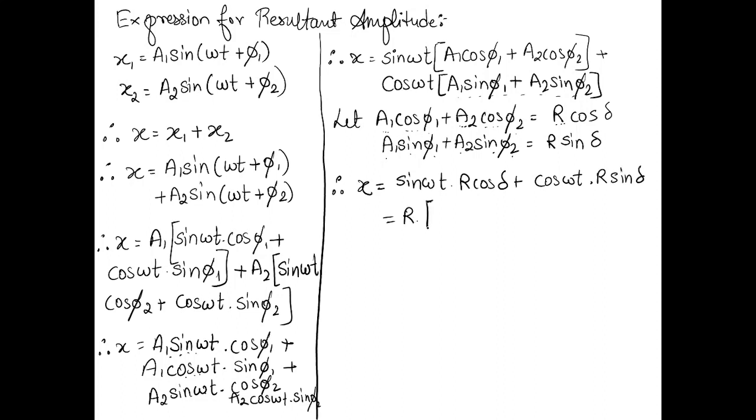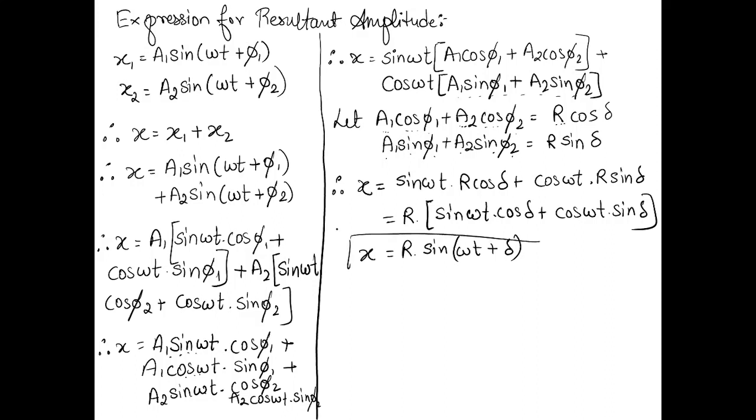If you take R outside, you will get sine omega t cos delta plus cos omega t sine delta. This is equal to R into sine of omega t plus delta, using sine a cos b plus cos a sin b equals sine of a plus b. So this is the value of x.